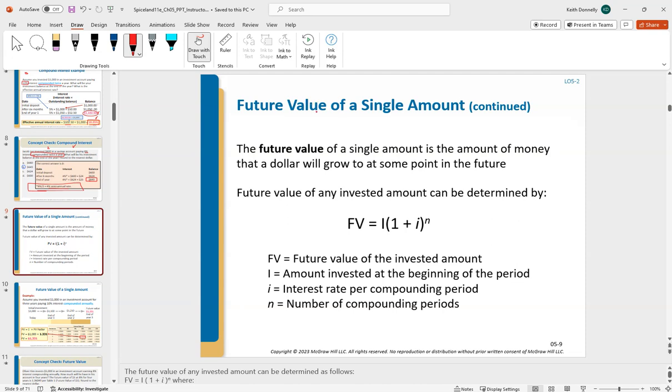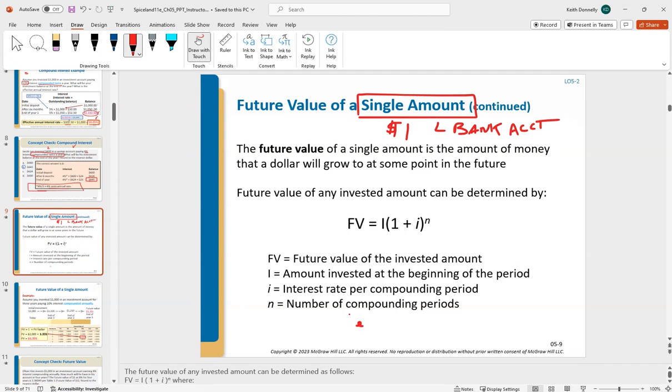All right, let's talk a little bit about the future value of a single amount, right? So you can just think of this like a dollar. Really, what's going on here is we're trying to figure out, and you can think of this like a bank account, right?